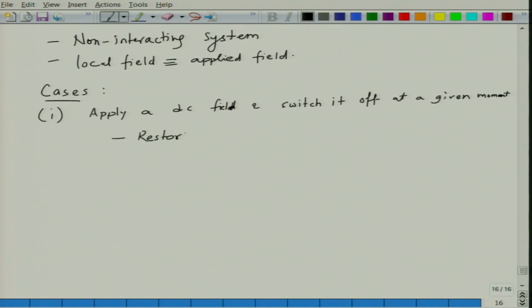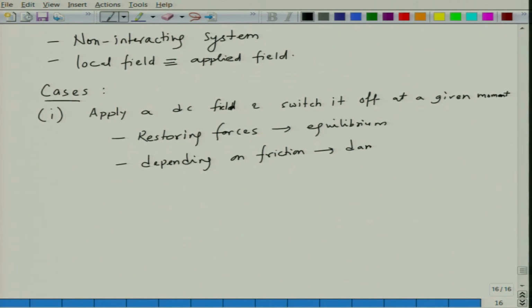So you will have restoring forces, and they will establish equilibrium by pulling the charges back to their original positions. If there is no friction in the system, there is no damping, as a result there will be no damping of oscillations, and if you have friction in the system, you will have damped oscillations. So depending upon friction, we will have damped oscillations or not.